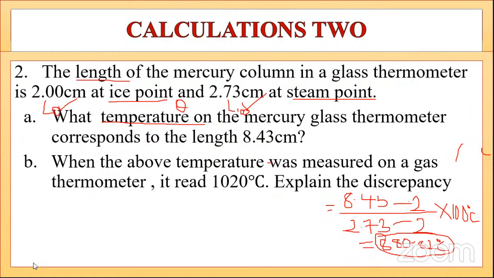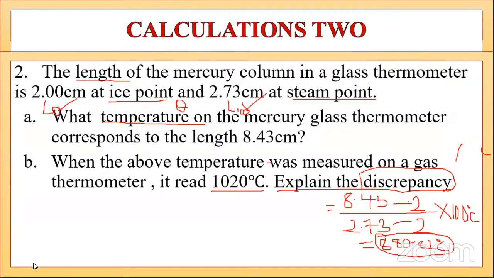Now they say when it was measured using a gas thermometer, it was found to be 1,020 degrees Celsius. Can we explain the discrepancy? Can you explain the difference in the reading? Can you explain why the temperatures are not the same? That is what they mean by the discrepancy.